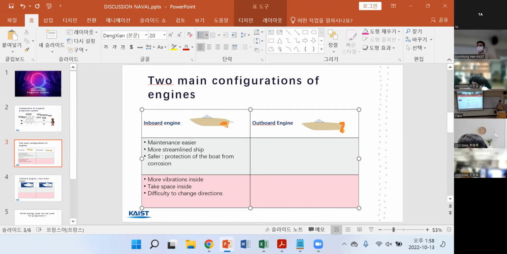Do you have any ideas for the outboard engine? What can be maybe the pros or cons? It's easier to drive backward.